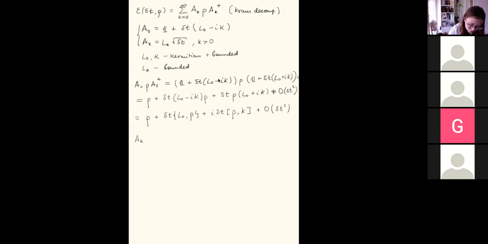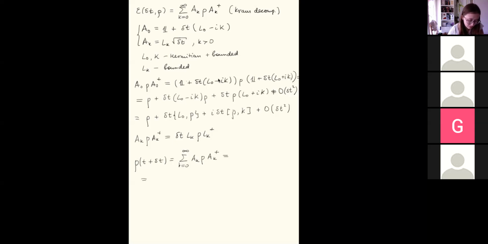Now all the other terms are pretty straightforward. They are just delta T, LK rho LK dagger. Okay, and now let us come to the complete expression. So this will be rho of T plus delta T equals the sum. It's just the Kraus decomposition.